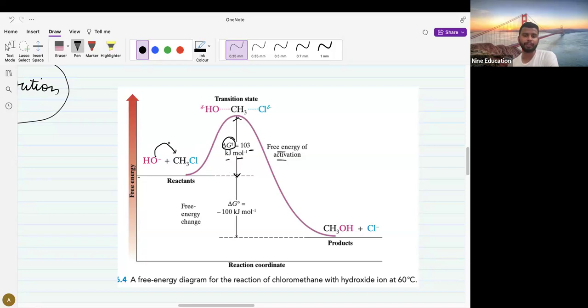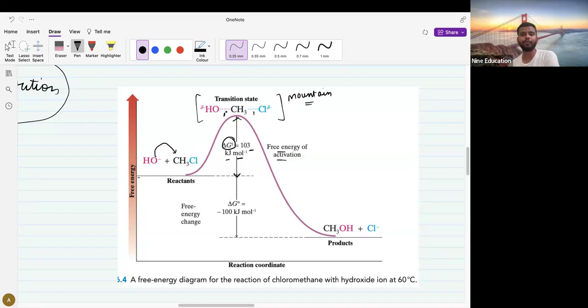Here OH minus has to attack the carbon and remove Cl. So this mountain is known as the transition state. At this position on the mountain, this bond will be breaking and this bond will be making.